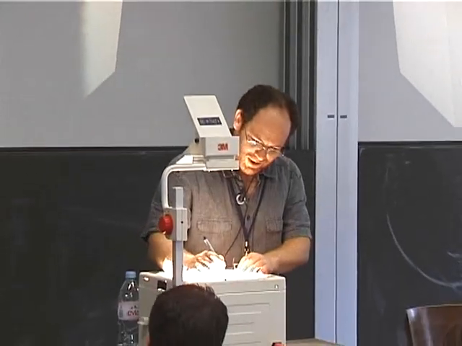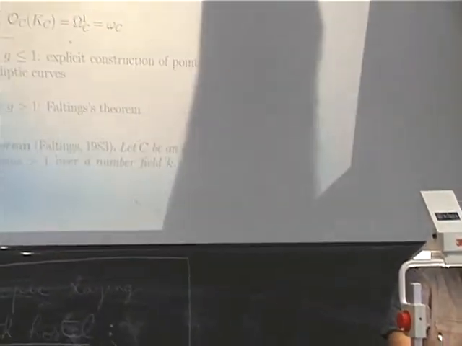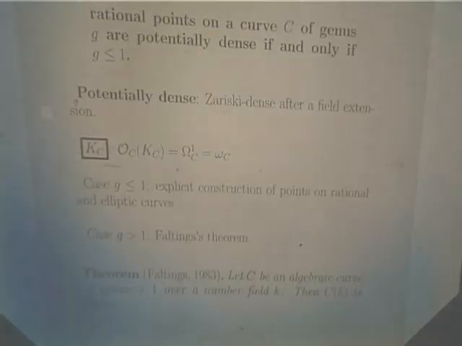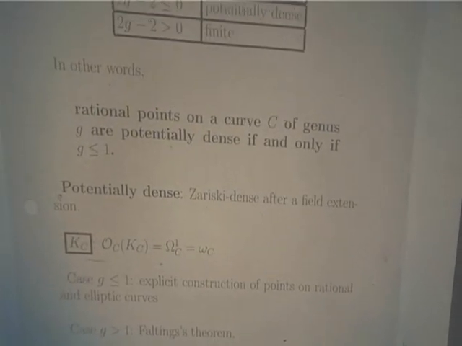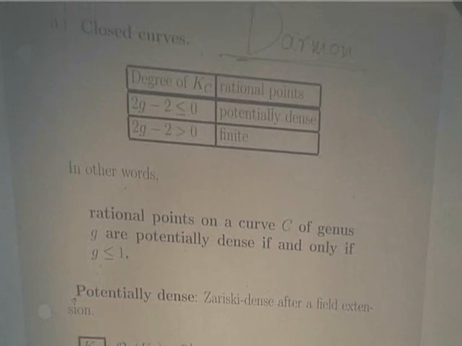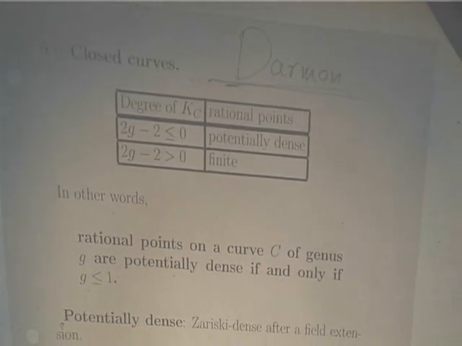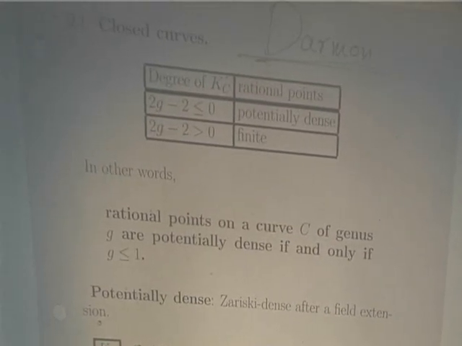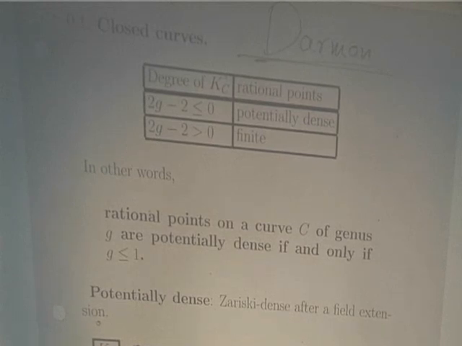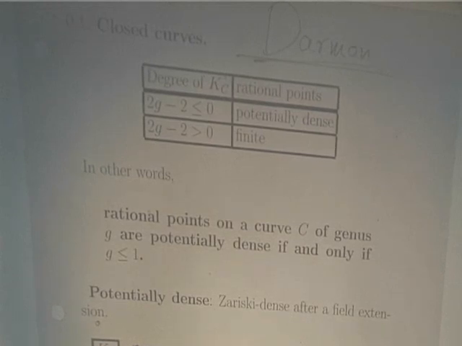All right, so the first topic is what Darmon's lectures were about last week, closed curves, namely smooth projective algebraic curves over number fields usually. To summarize what Darmon has been telling us, I guess I wasn't there, but your lectures are not on the web yet.